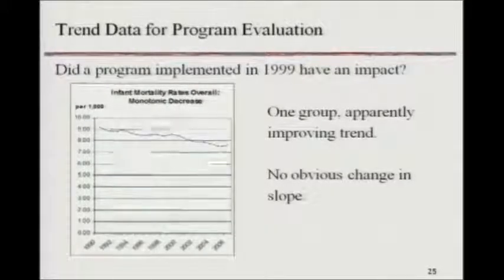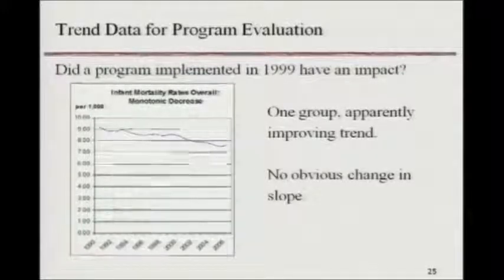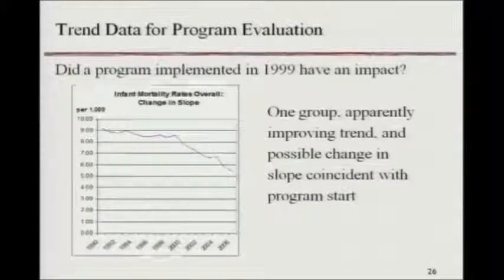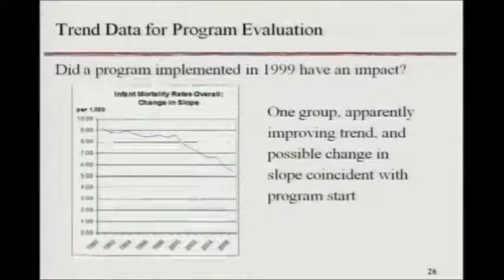So this is just one group. I've got one trend line. Nothing much seems to be going on there. You could say, if I drew the regression line through the data, would the beta coefficient be significant or not? Maybe yes, maybe no. Unclear. Here it is, also one group, but now it looks like maybe the slope has changed right about the time our program happened.